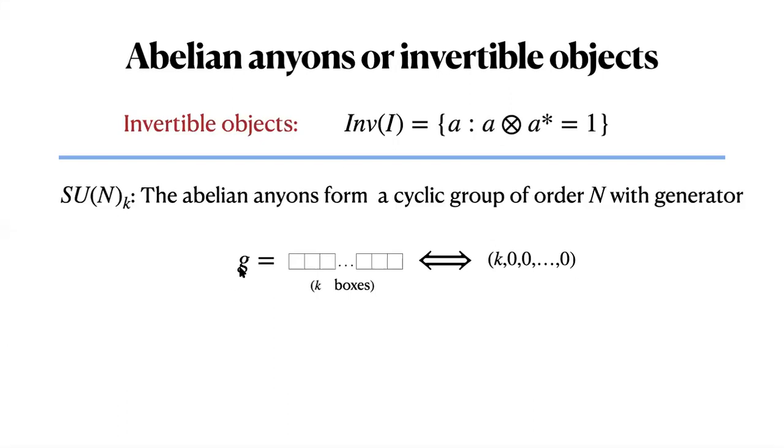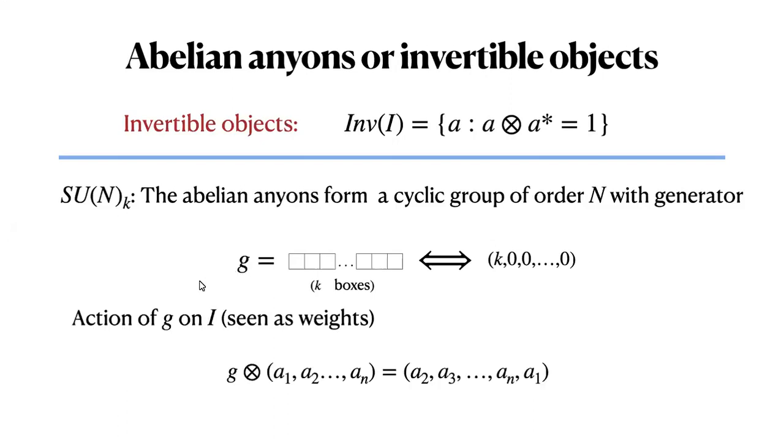So for example, for this particular case, if you take one simple object labeled not in terms of Young diagrams, but labeled in terms of one tuple that sums to K, then to do the tensor product of this invertible element, the action, I mean the new simple will be this one.